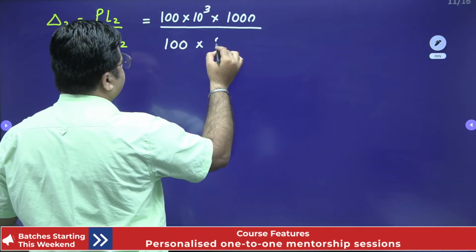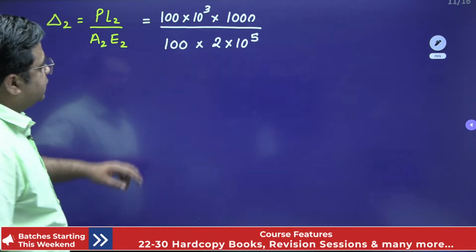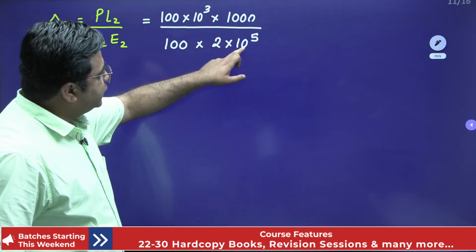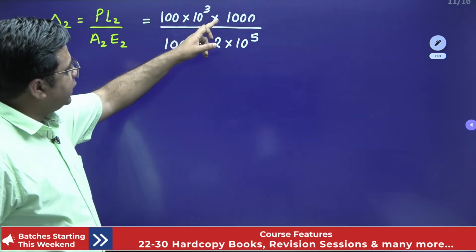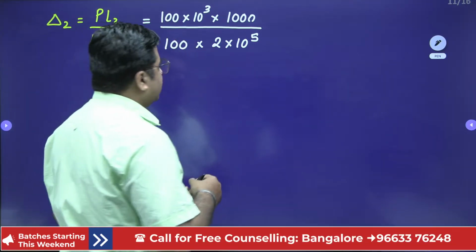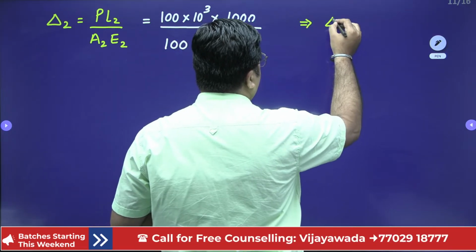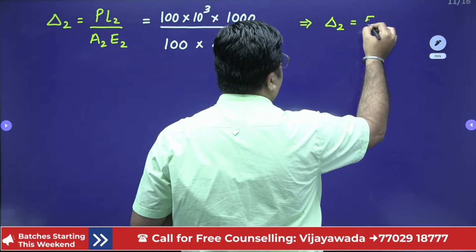Multiplied by E, which is 2 into 10 raised to power 5. So this 10 raised to power 5 and 10 raised to power 5 are going to cancel out. You have 1000 by 200, which is nothing but 5 mm. So your delta 2 comes out to be 5 mm.